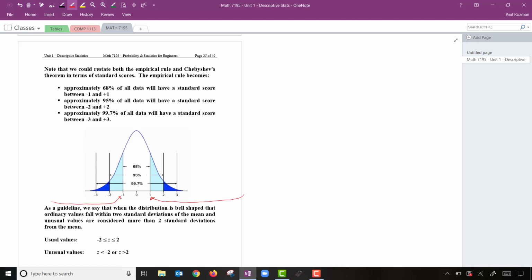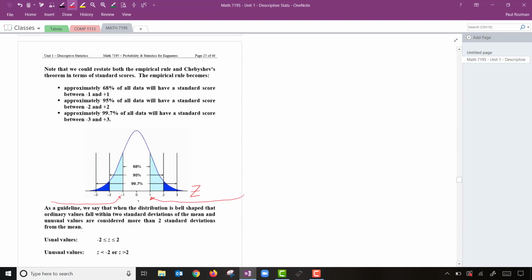So we can restate those theorems: within 2 standard deviations of the mean, or within 2 z-scores of the mean, we get 95% of the data, and if we have a z-score from -3 to +3, then we have 99.7% of our data. This axis is a z-axis.